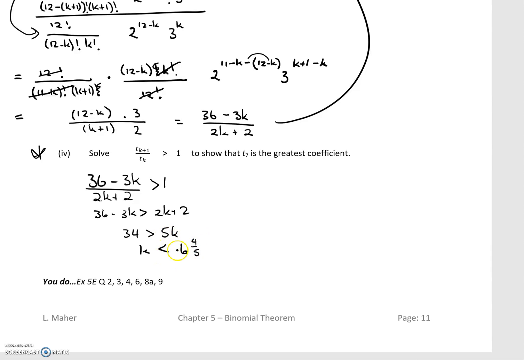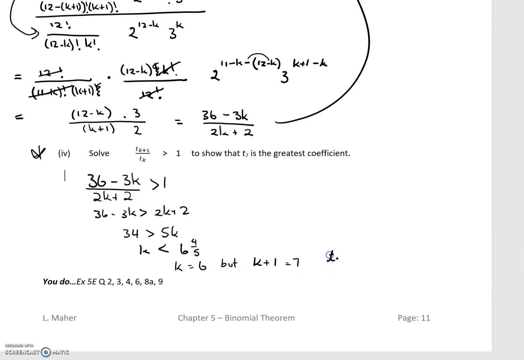Now, if k must be less than 6 4/5, and k is a whole number, k is equal to 6. But remember, we're looking at the ratio of coefficients, and it was k plus 1, which would be the greater coefficient. So k plus 1 is 7.